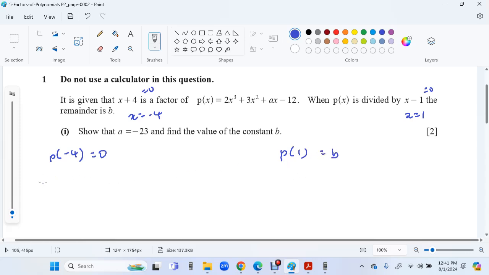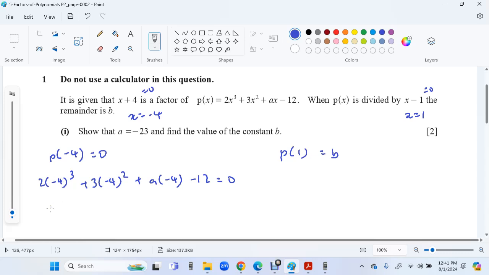So we have 2(-4) cubed plus 3(-4) squared plus a(-4) minus 12 equals 0. All divided by -4.